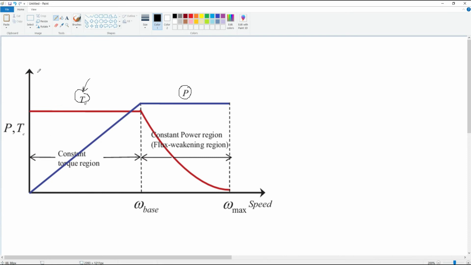In the first region, till this point, till W base, this is known as base speed. So till W_B, we can see that we are in a constant torque region. Beyond this point, we are in a constant power region.